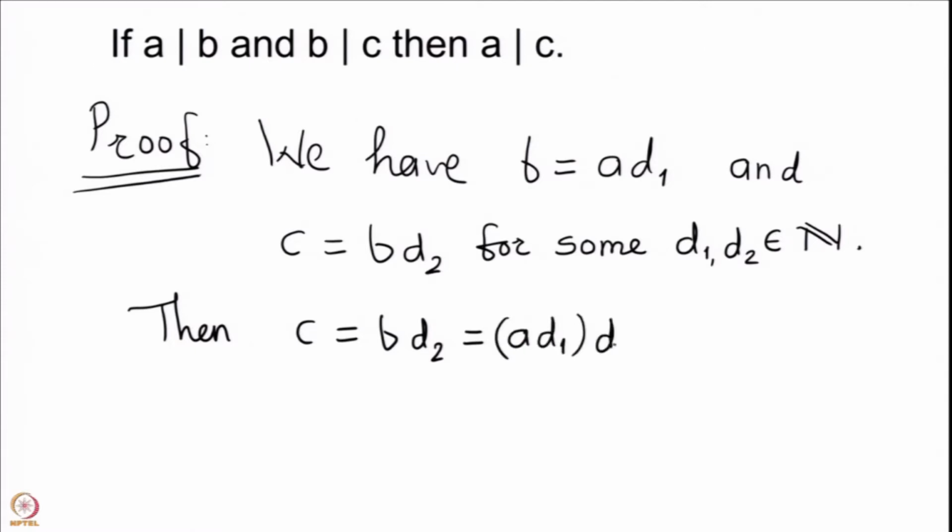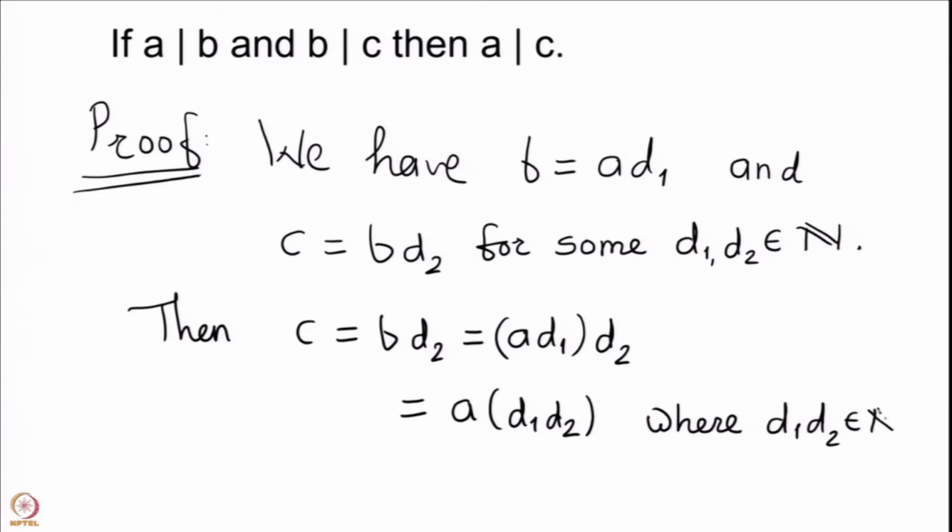This is A D1 into D2, which is same as A into D1 D2, and note that D1 D2 being product of two natural numbers is a natural number itself.